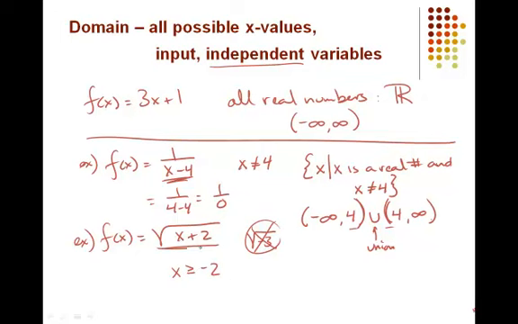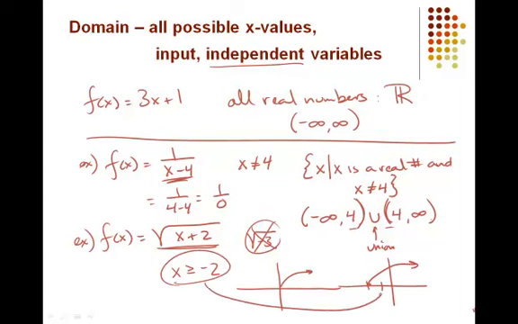Take a look here. This is one of our transformations. This is a shift to the left 2 units. Our parent function would have looked like this. Our shift to the left 2 units would look like this. And you can see why our domain has to be greater than or equal to negative 2.